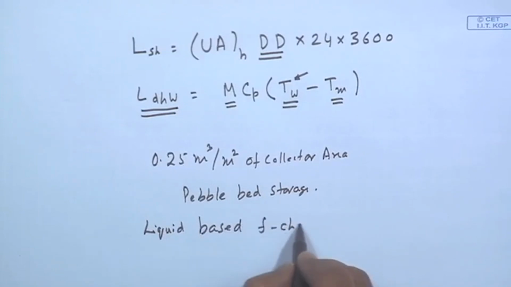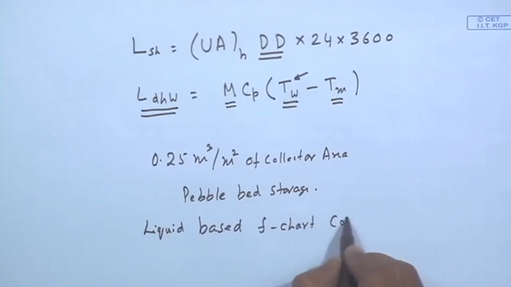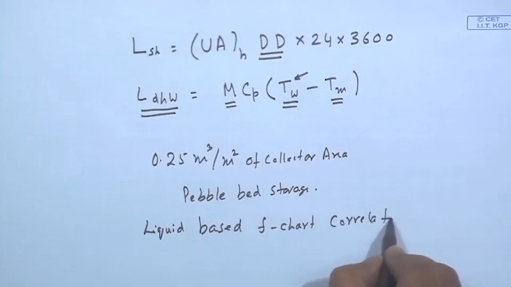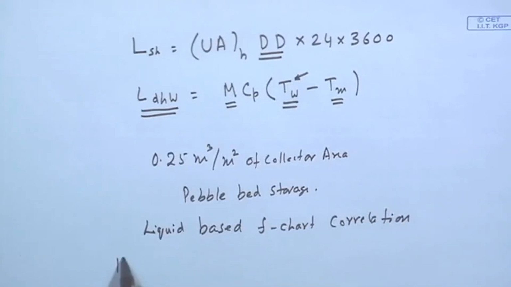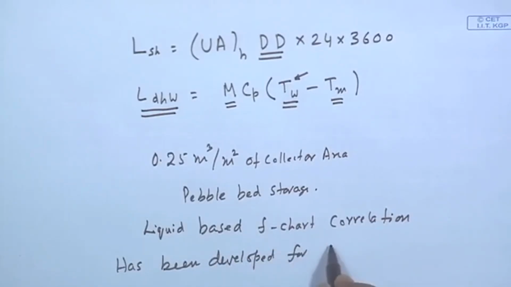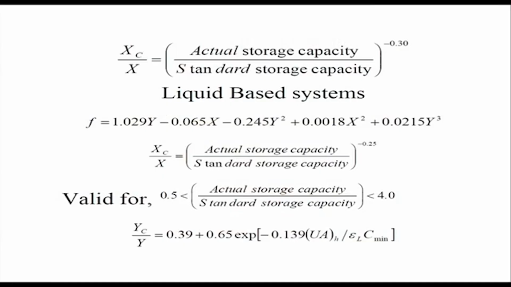F chart correlation has been developed for epsilon L C minimum by UAH equal to 2, epsilon C minimum by UAH equal to 2.